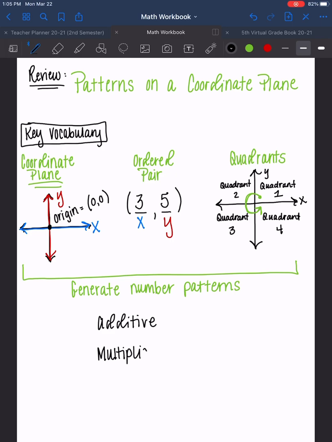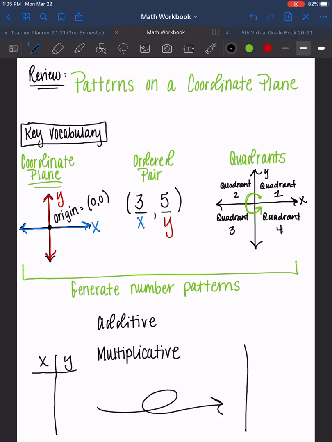Now, these two key vocabulary terms concerning number patterns, we liked to look at these when we were generating an ordered pair T-chart. So when we would put our X and Y into a T-chart. And then eventually it would translate into our coordinate plane because it would list off all of our ordered pairs.